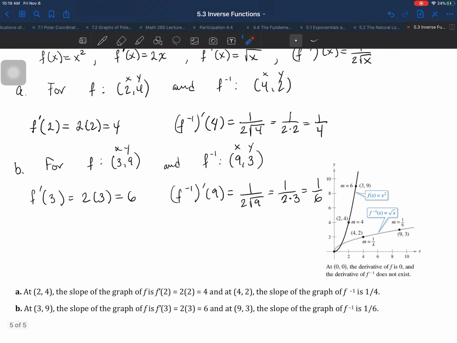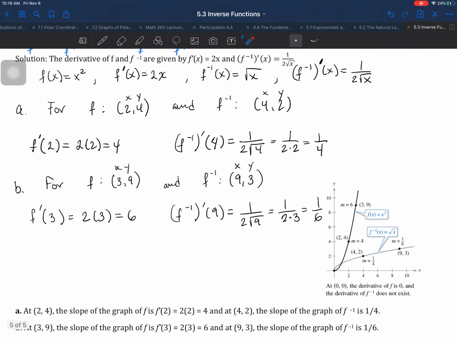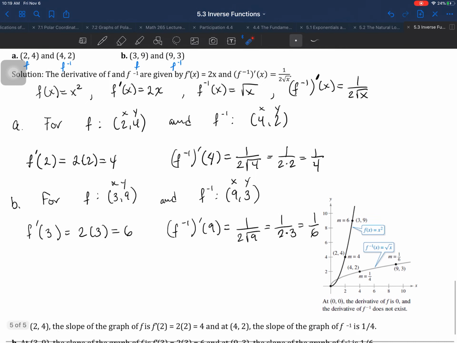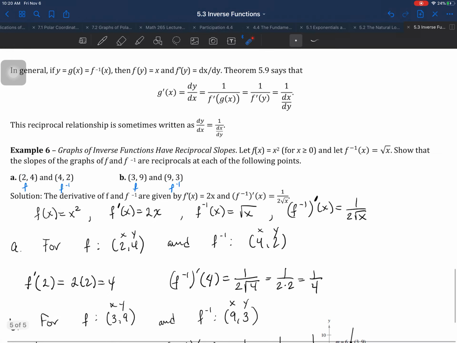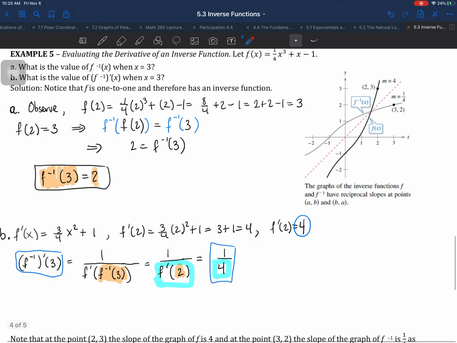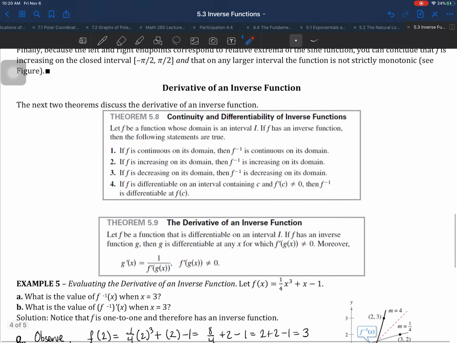All right. So I hope you guys find this helpful. The focus of this is to be able to know the conditions of whether a function has an inverse. Be able to actually find the derivative of the inverse using this new formula that we have.